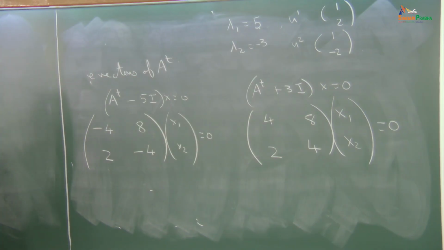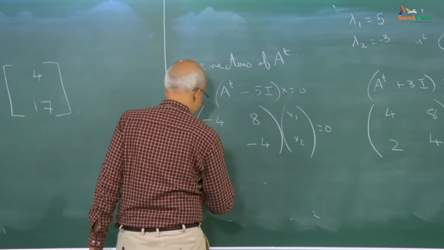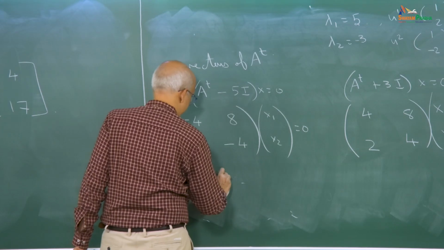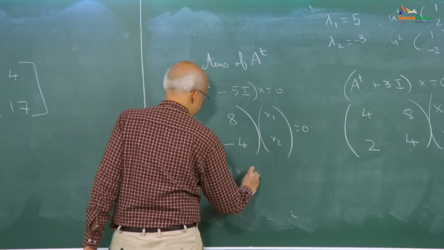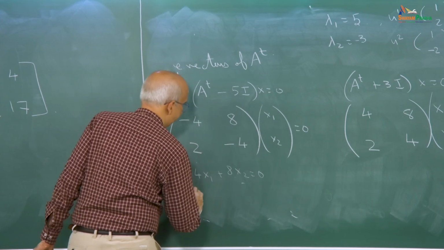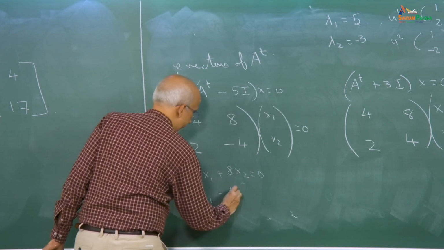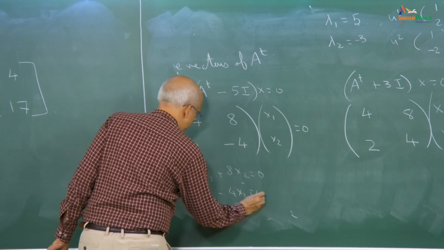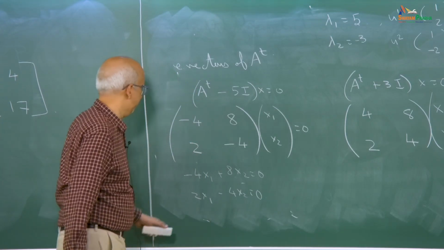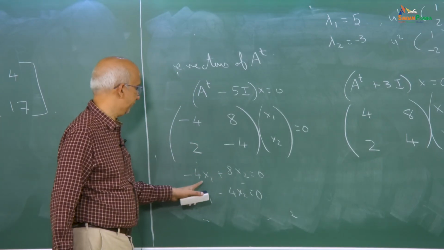Okay. So, you have to solve these equations. You get minus 4x1 plus 8x2 equals 0. Here I have 2x1 minus 4x2 equal to 0. So, basically if I were to put x2 equal to 1, I get x1 equal to 2.